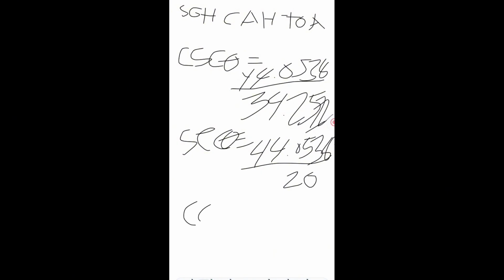And now our cotangent. Our tangent is opposite over adjacent, so our cotangent will be adjacent over opposite.